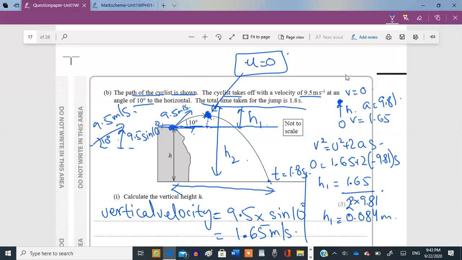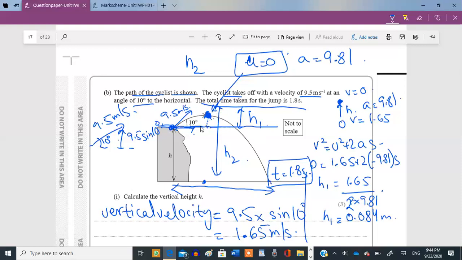You don't have the time or the final velocity, but they did give us a total time. That means we can calculate the time for the cyclist to go from the maximum to the 0 point, but the given time is for the total journey, not the second half.